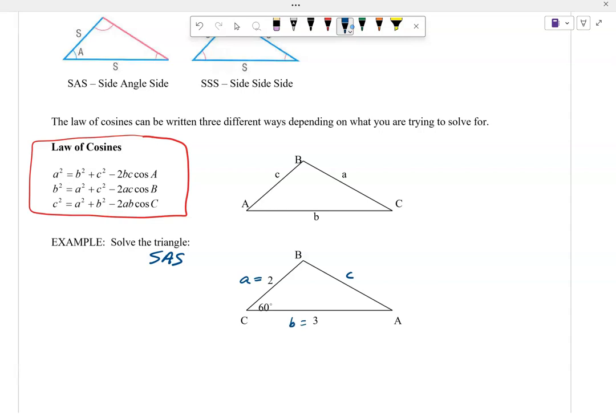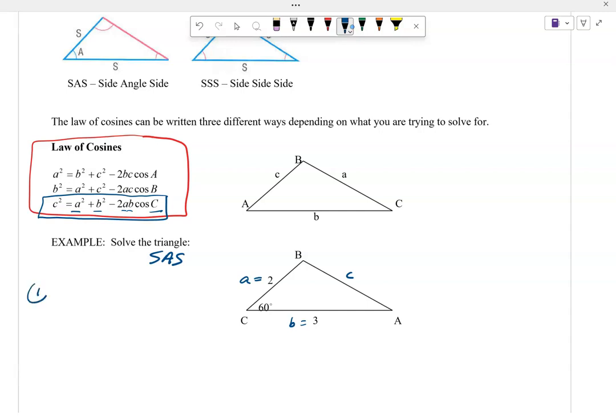This would be lowercase b. And so we have lowercase a, lowercase b, and capital C. Lowercase a, lowercase b, and capital C. So can you see how this third one would be the one I'd want to use? Because the only unknown would be lowercase c, right?